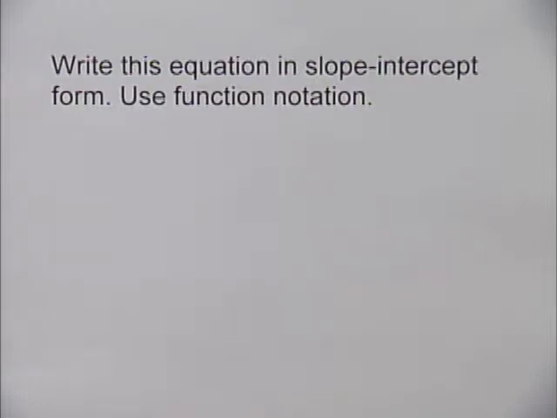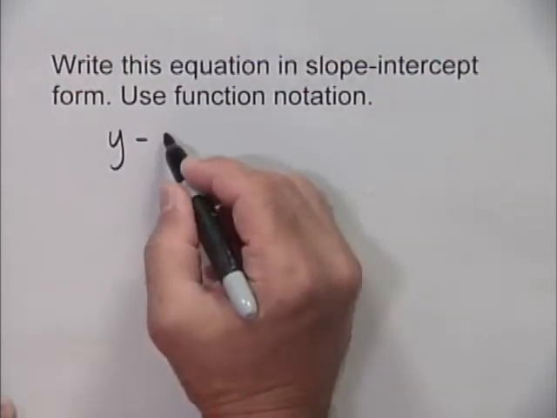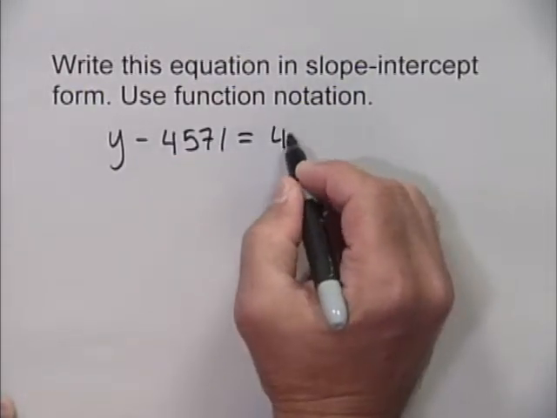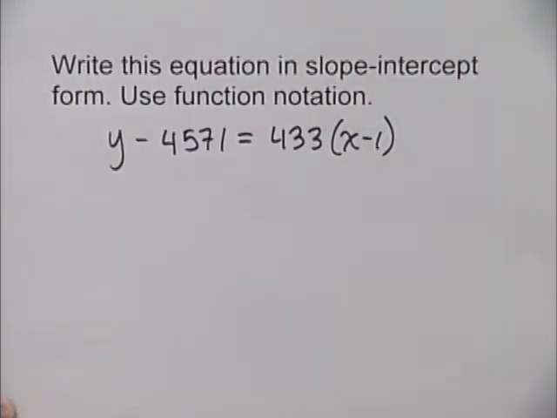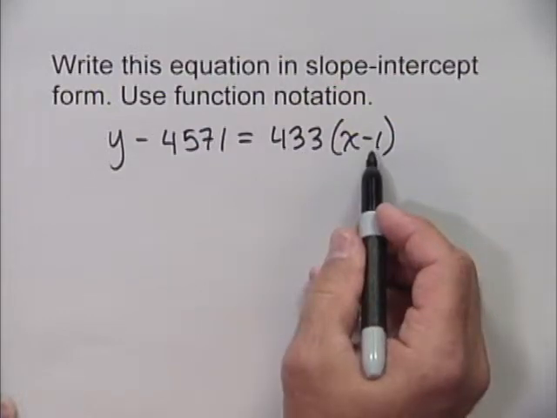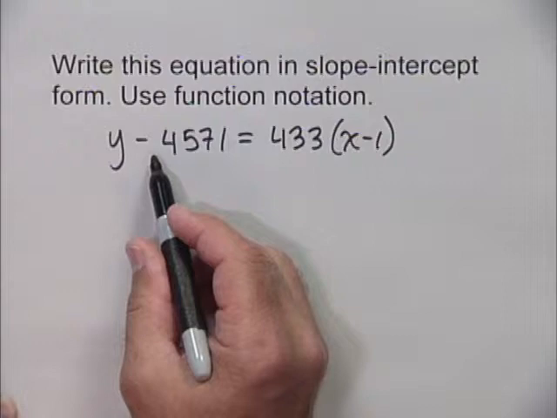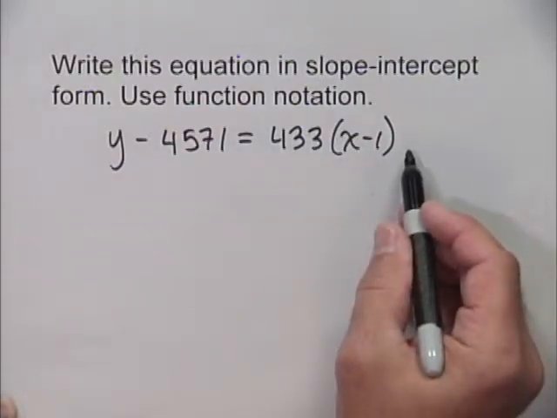Write this equation in slope-intercept form. Use function notation. The equation to which we refer is y minus 4,571 equals 433 times x minus 1. To write it in slope-intercept form, we first need to distribute the 433 on the right-hand side, and we need to add 4,571 to both sides.